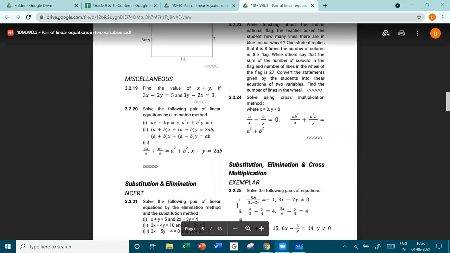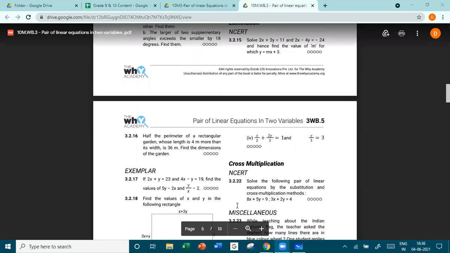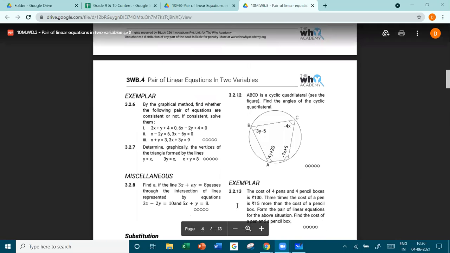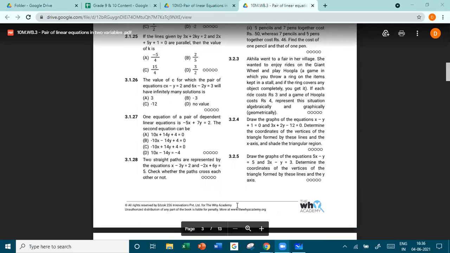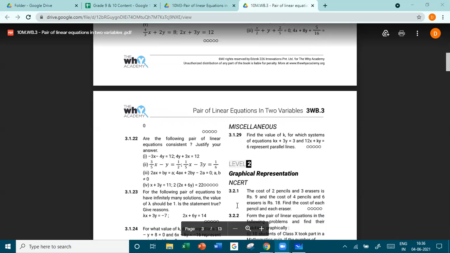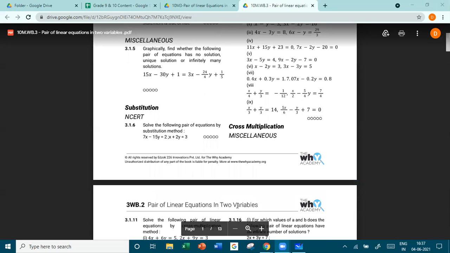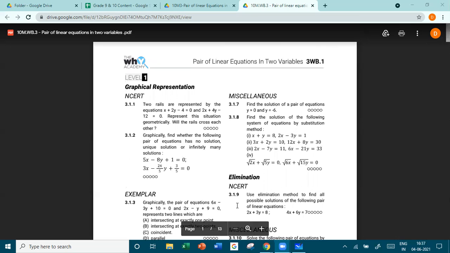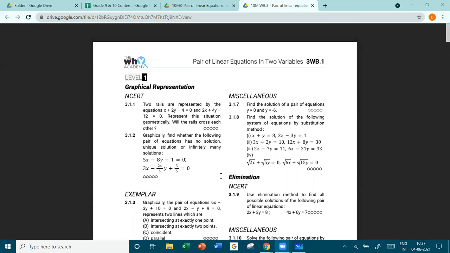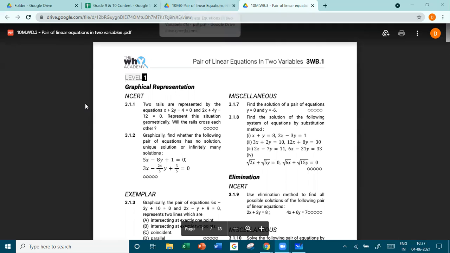For homework, give me some time. I will tell you in the next 15 to 20 minutes after class. Let me just calculate some suitable number of questions. Currently you only have math homework, no other subject homework at the moment. Biology is also there.